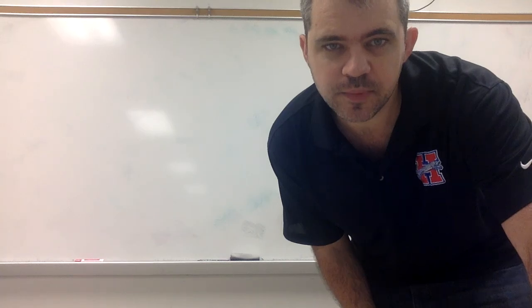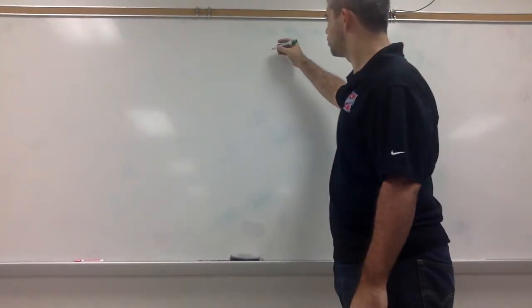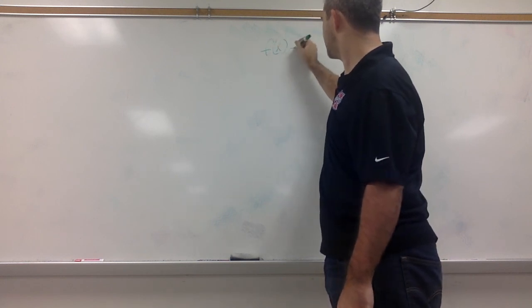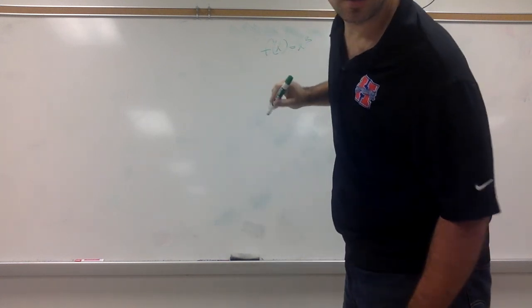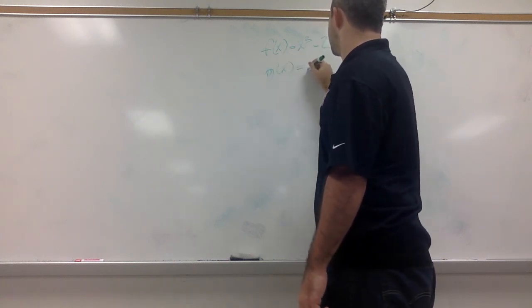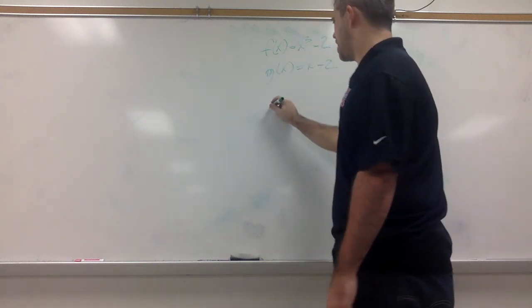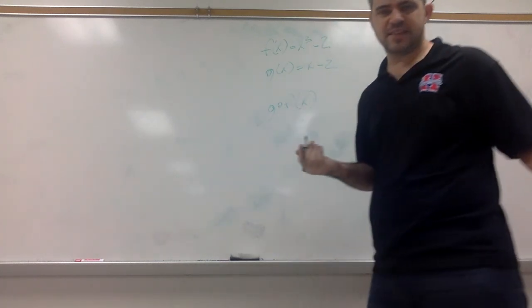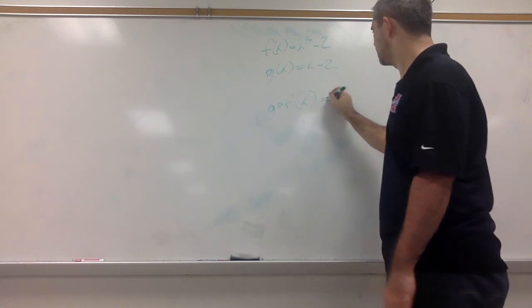All right. We have a similar problem here. f of x equals x to the third minus 2. g of x is x minus 2. And we have g of f of x. You might be thinking, isn't that the same thing? No, it's not.